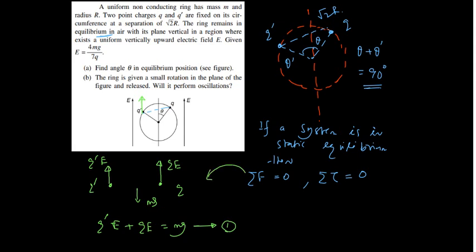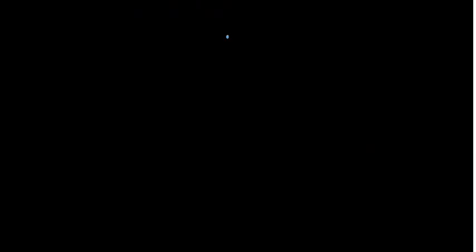Now we can get another equation. That is net torque is equal to 0. That is pretty easy. Here in this case, this is q charge, so the force acting is qE. Here is the center. This is theta.